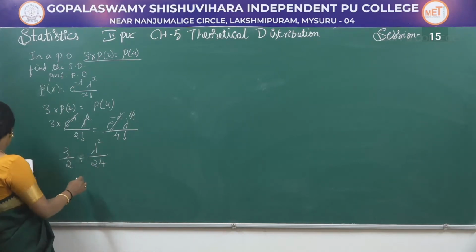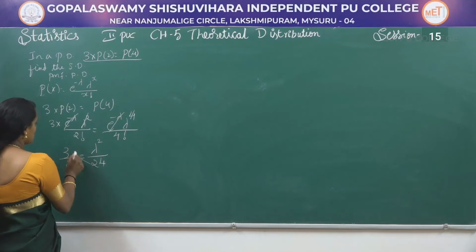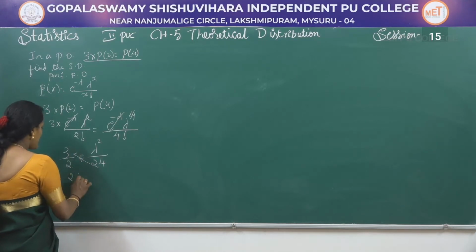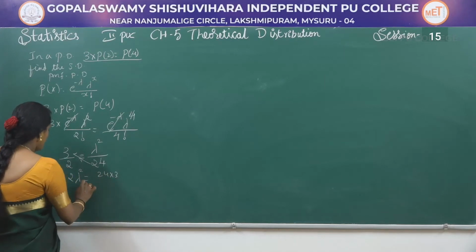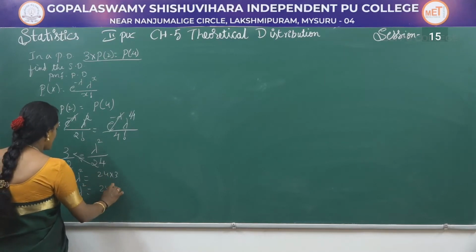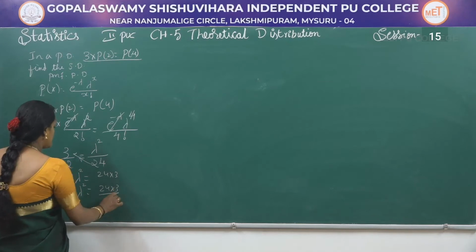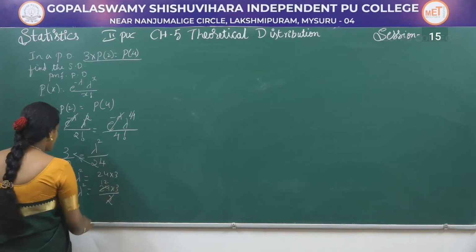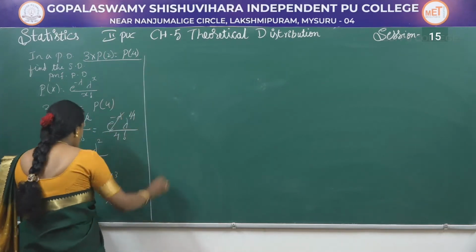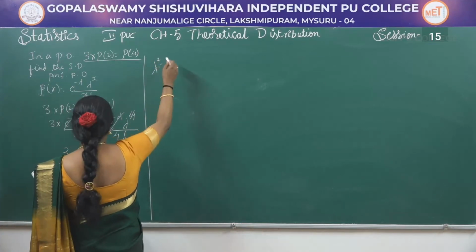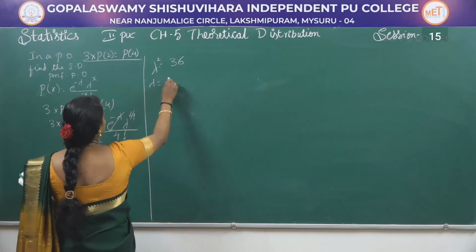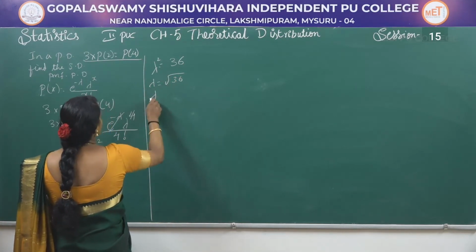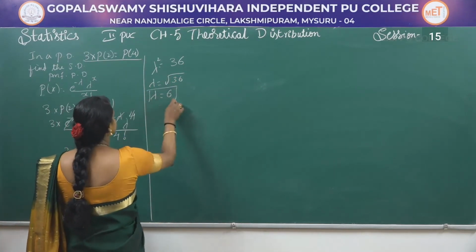Now take the cross multiplication. So 2 lambda square is equal to 24 into 3, or lambda square is equal to 24 into 3 by 2. 2 12s are 24, so lambda square is equal to 12 threes, that's 36. So take the square root, square root of 36. So lambda is equal to 6.